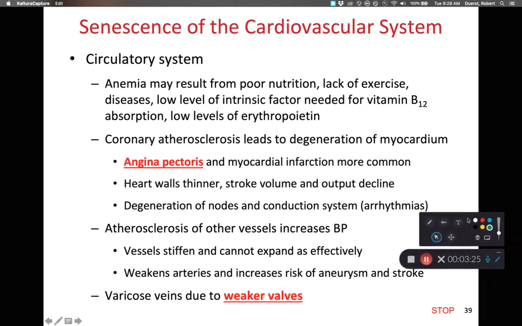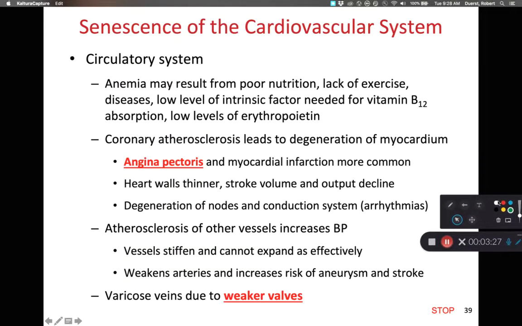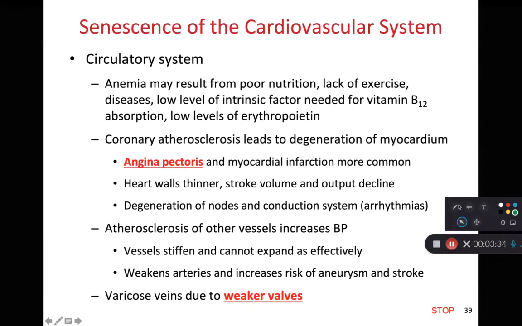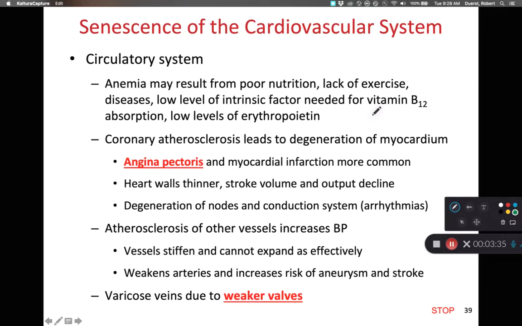Let's talk about senescence of the cardiovascular system or circulatory system as a whole. And this is going to be for both the circulatory and cardiovascular systems. So for the entire unit one, what happens to the system as we age and lose function of the tissues? Well, in terms of the circulatory system, anemia may result because we have poor nutrition or lack of exercise.